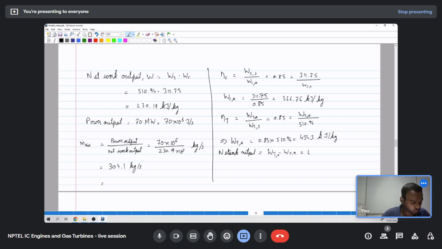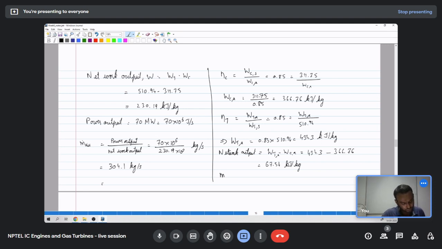Then we have 434.3 minus the actual compression work, 366.76. That means overall we get 67.54 kilojoule per kg.